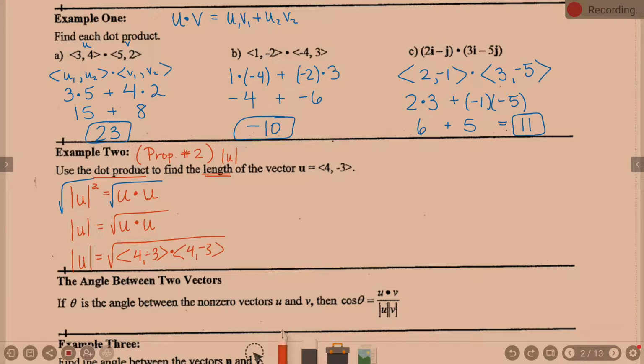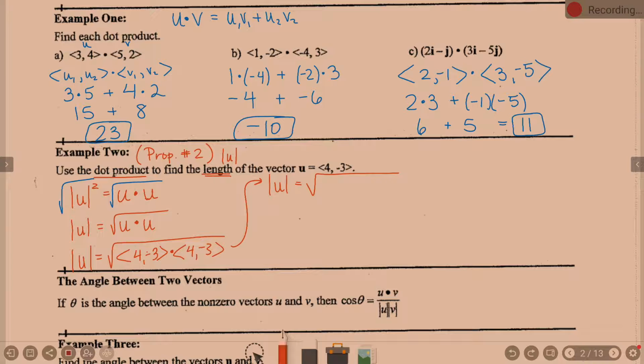How do we multiply the vectors 4, negative 3 and 4, negative 3? We're going to use the dot product again, right? So if we use the dot product here, square root of what?